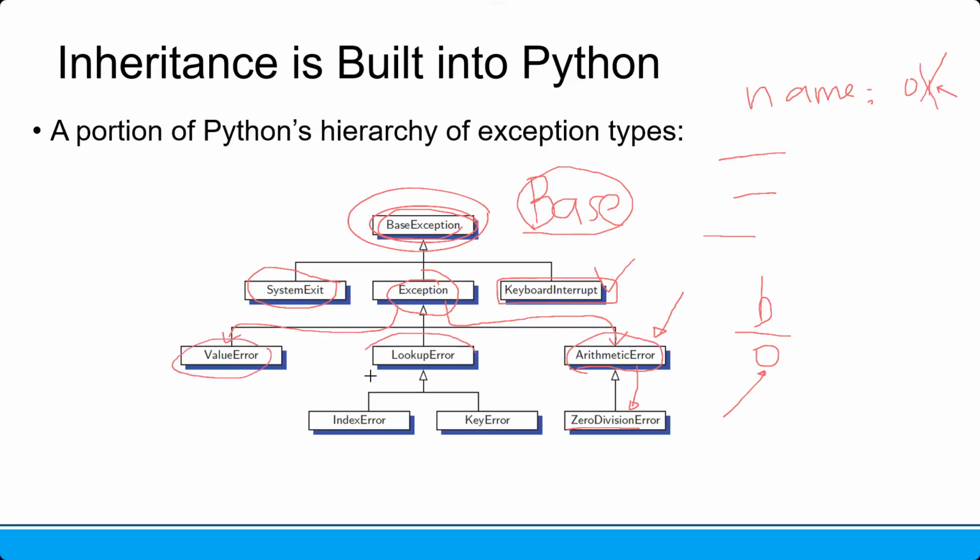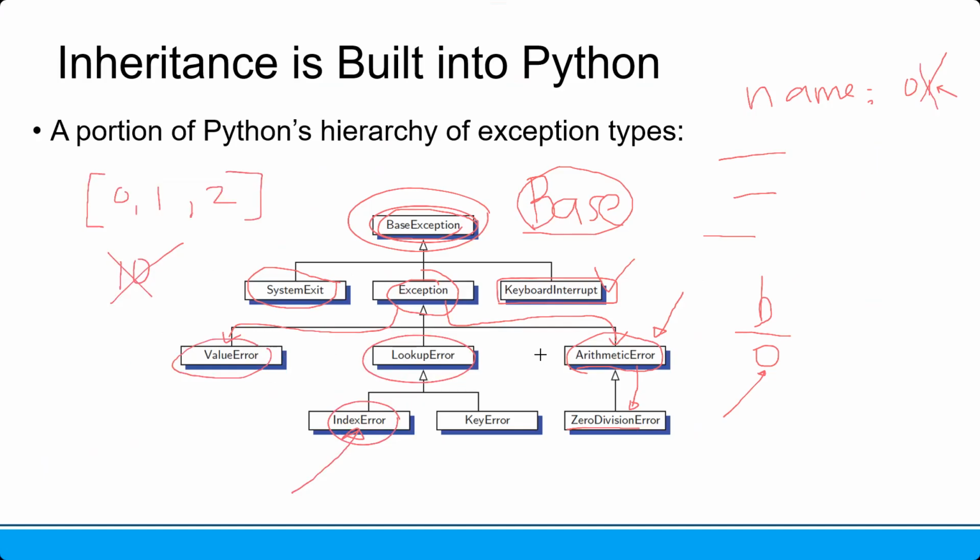Or there's another kind of error, lookup error. For example, the index error. We have the list, the data, we have only 3 items. But I want to access the data at index 10. This is an error. Then it belongs to index error. And so on.